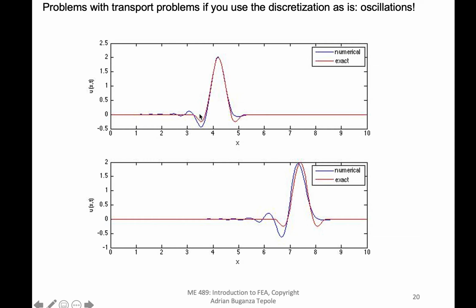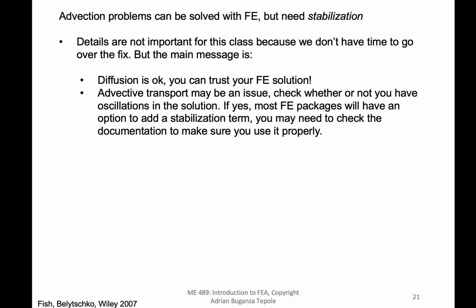And so those oscillations happen in the finite element method when you have this advection term. So bottom line is the FE that we've talked about works really well for the standard heat transfer problem, the standard linear elasticity problem with no constraints. But if you want to solve an advection problem, for example, you need something called stabilization terms.